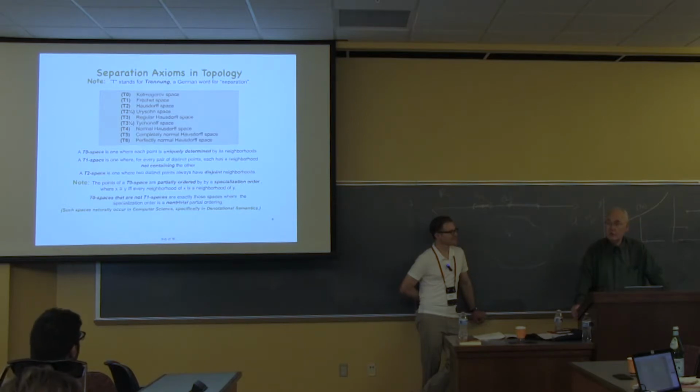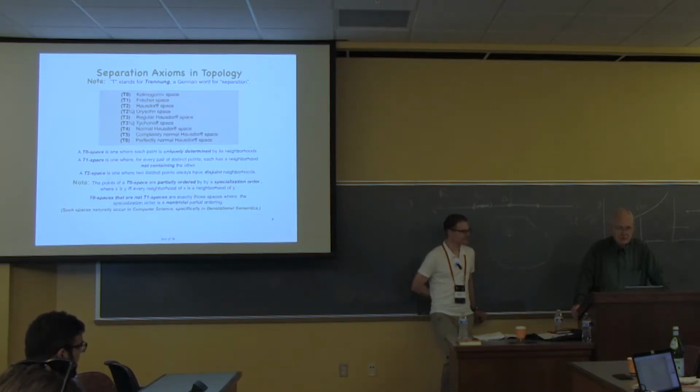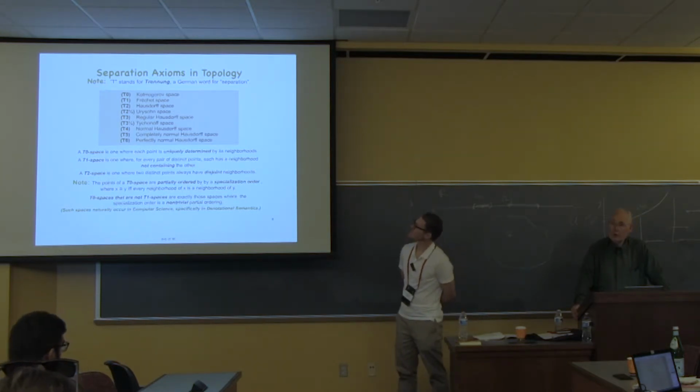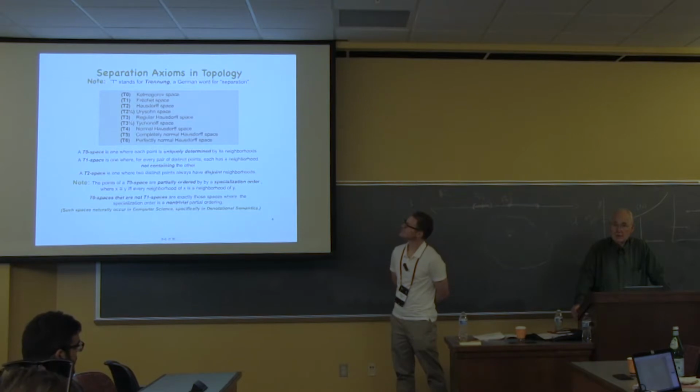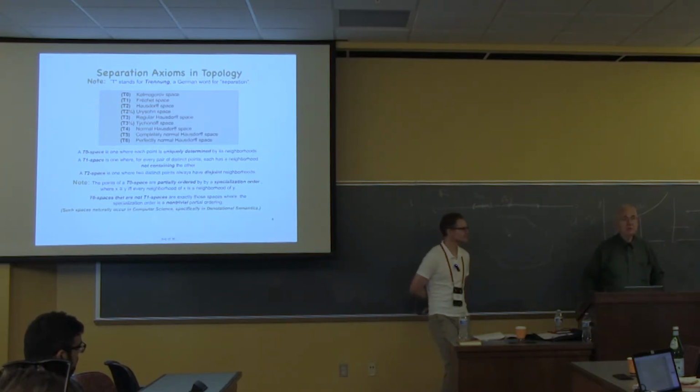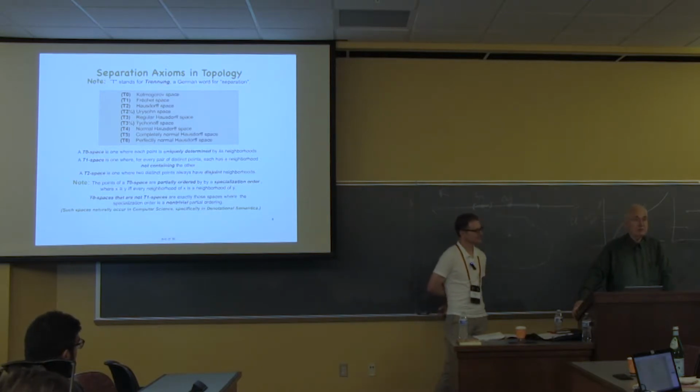Now here's the joke. As people worked in functional analysis and found more and more heavy-duty spaces, they had to get stronger and stronger properties of more separation. Not just separation between points, but separations between, say, two closed families of points or something like that. Stronger separation. So what did they come up with? They called them regular or normal or completely normal or perfectly normal.